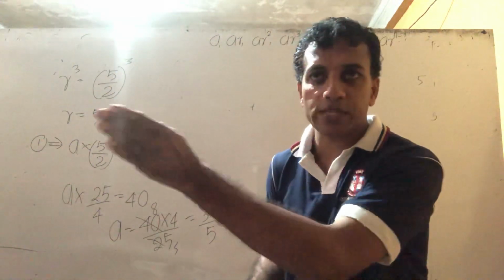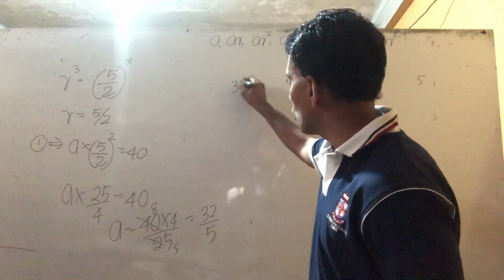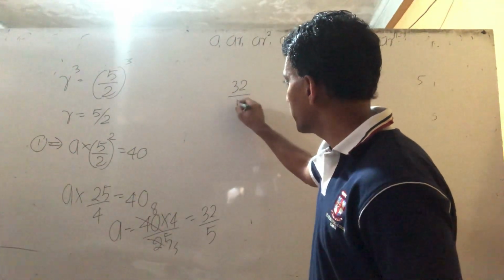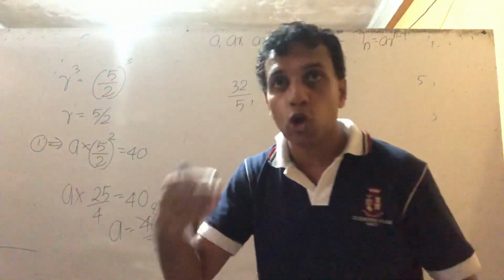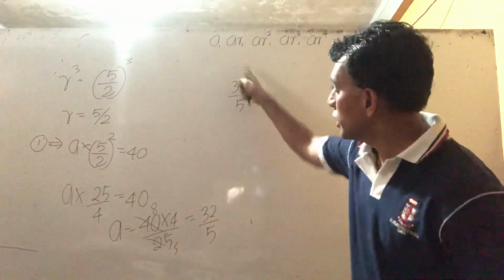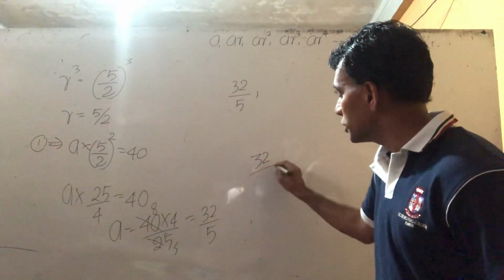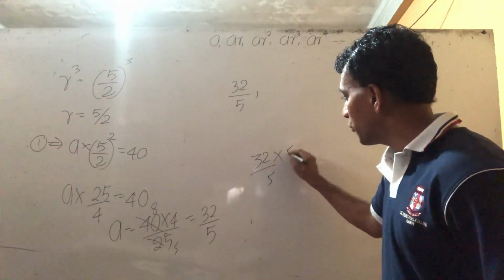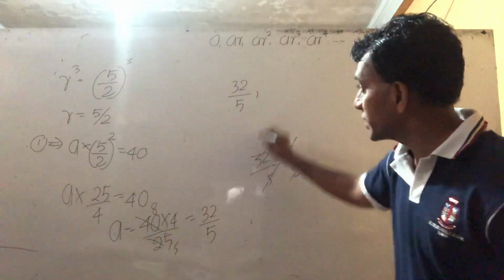So the first term is 32 over 5. What is the second term? The common ratio is 5 over 2, so multiply by 5 over 2. The 5 cancels, giving 16.